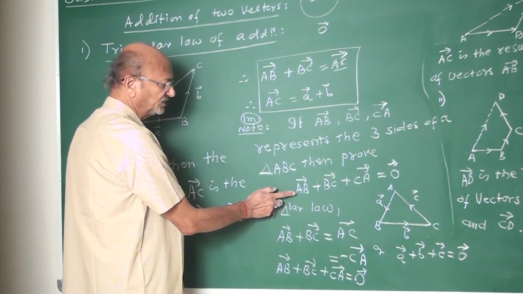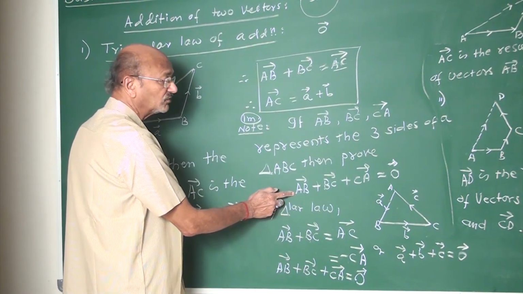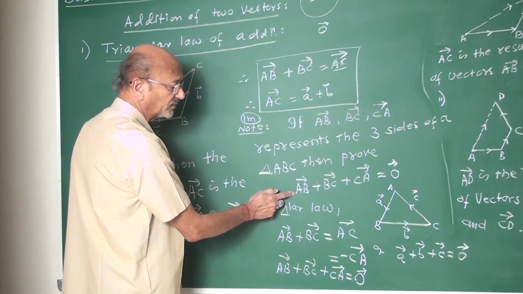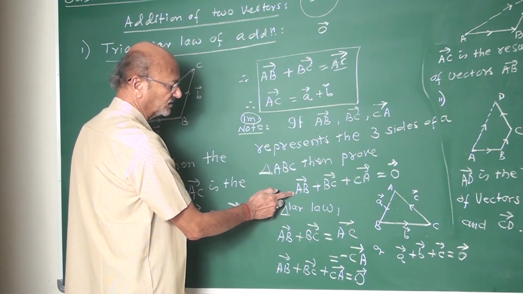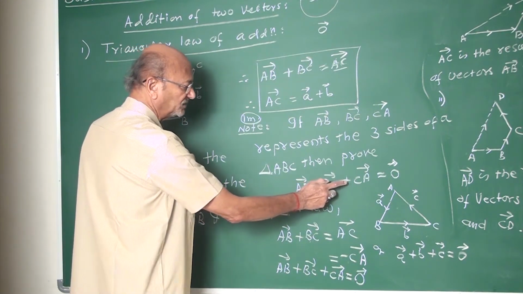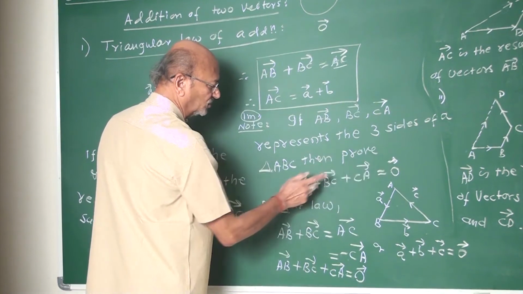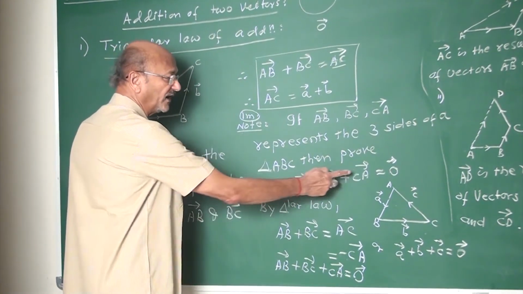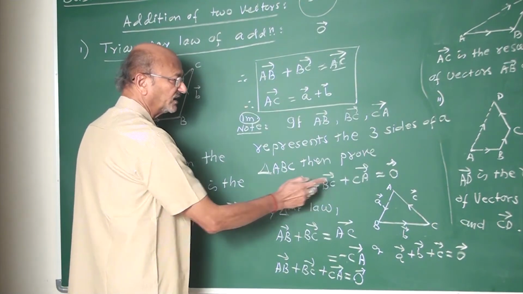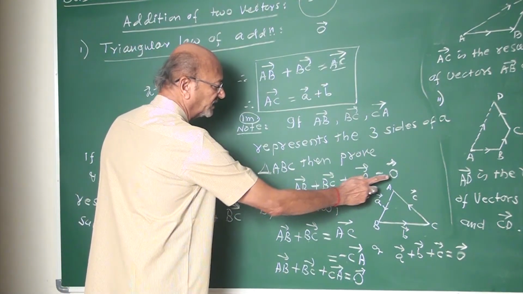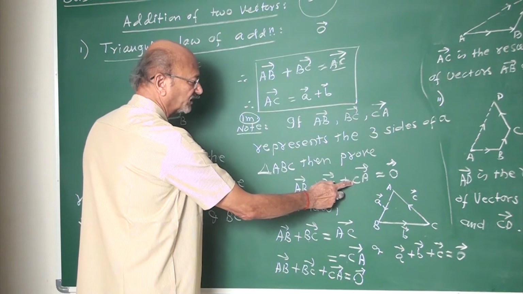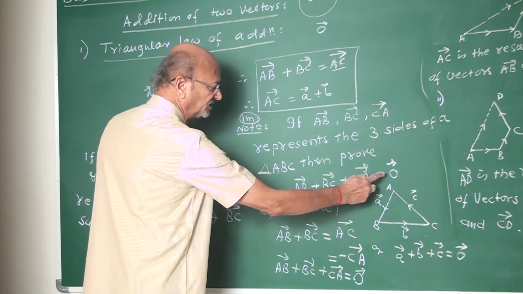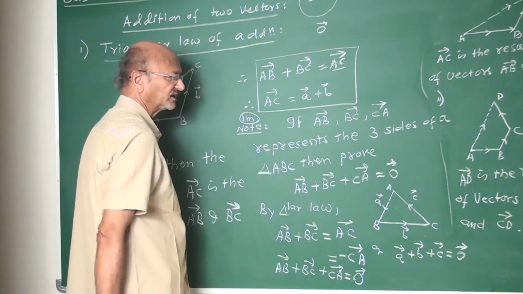Then this is true, my friends. The sum of these three sides represented in the form of vectors, vector AB plus vector BC plus vector CA, equal to zero vector. This itself becomes the test for what? If you add all the three vectors, if you get zero vector, then those three different vectors represent the sides of triangle ABC.